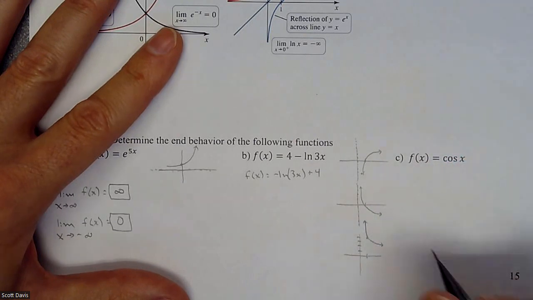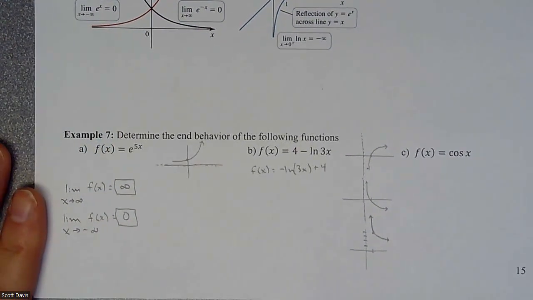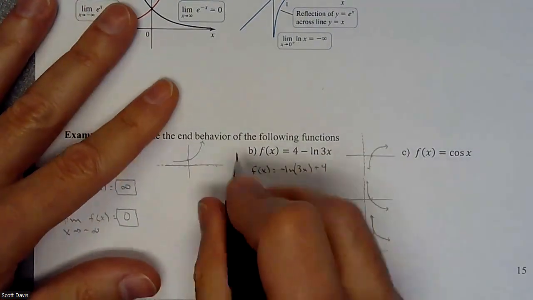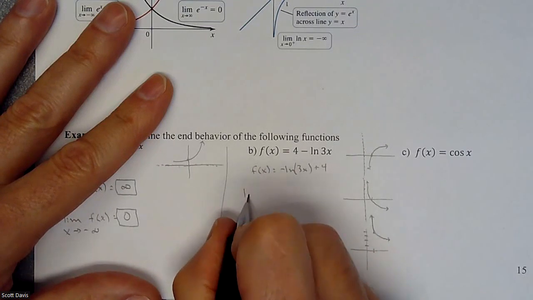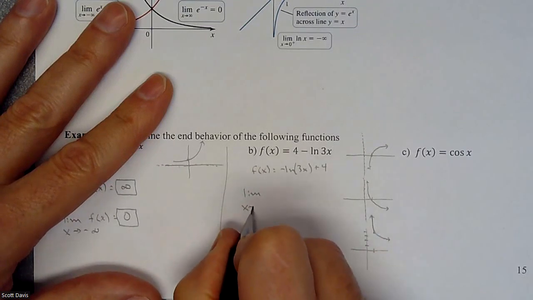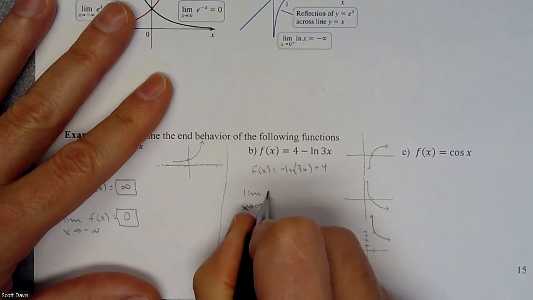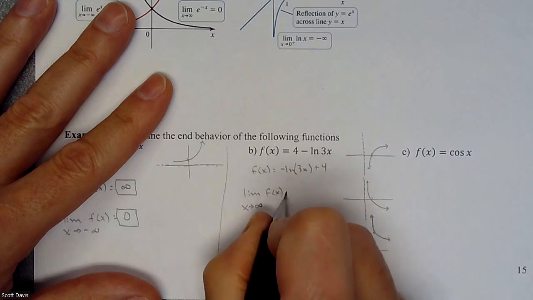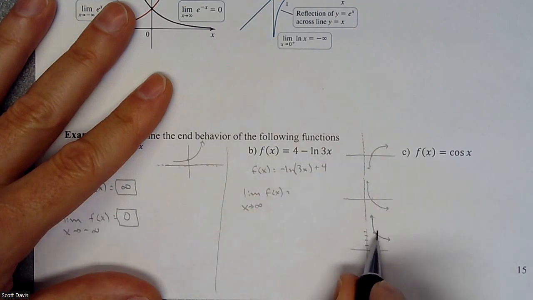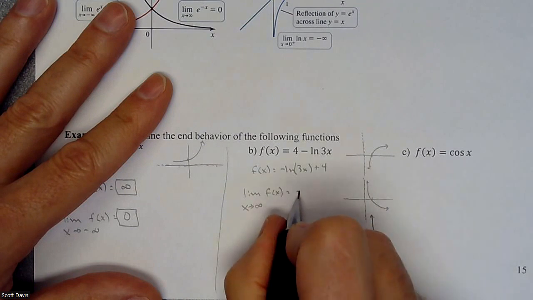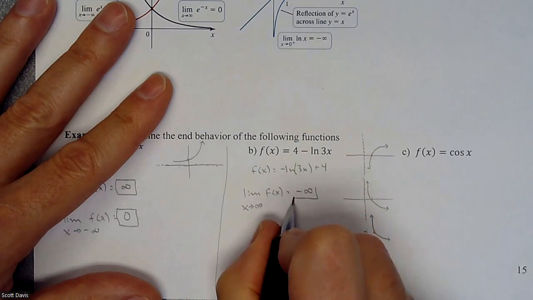All right, so I really didn't do a whole lot as far as end behaviors go. So we have a limit as x approaches infinity. As we approach infinity, this graph is going to go down forever. So we're going to negative infinity.